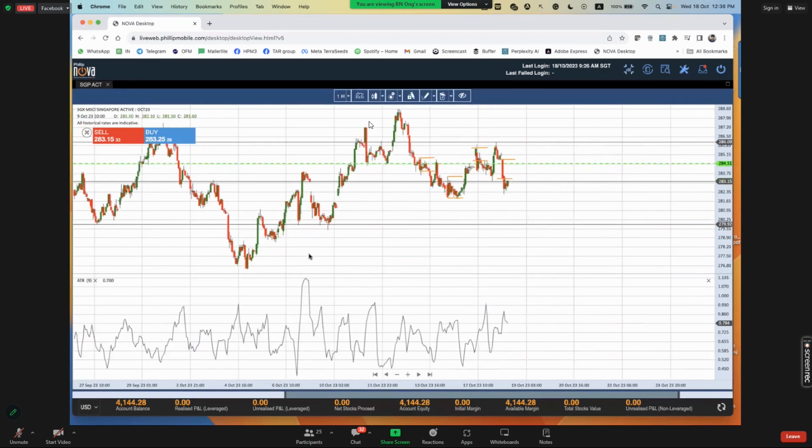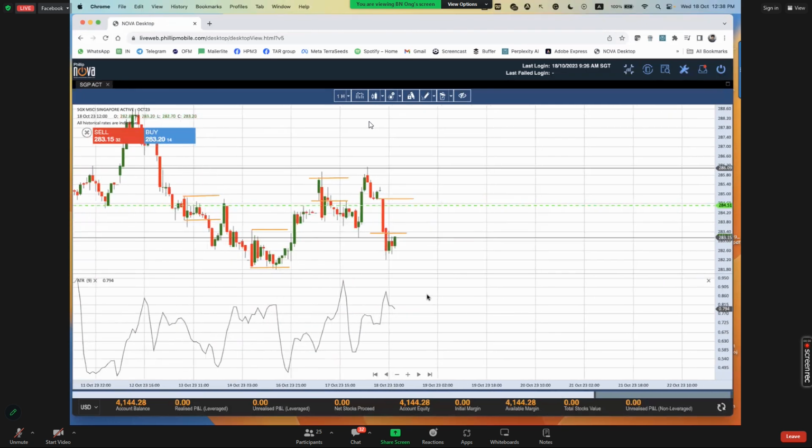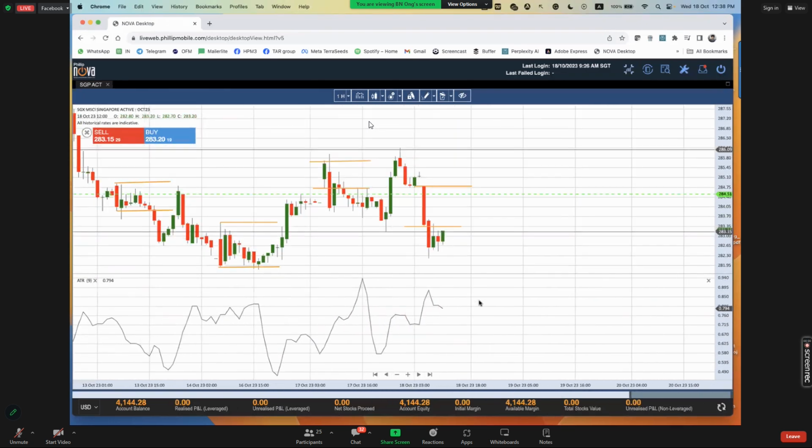Going back into the 1 hour chart, to calculate the profit target depends on the direction. Because we are shorting, we use OBL. If we are selling, we use OBL.